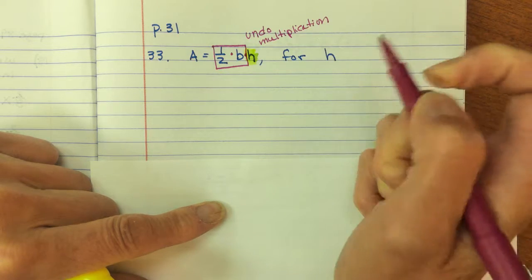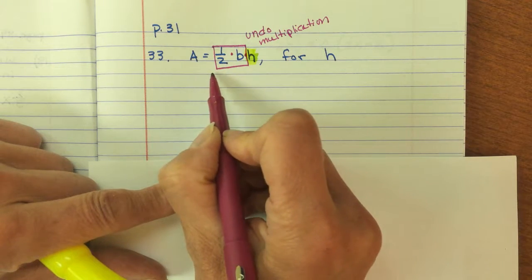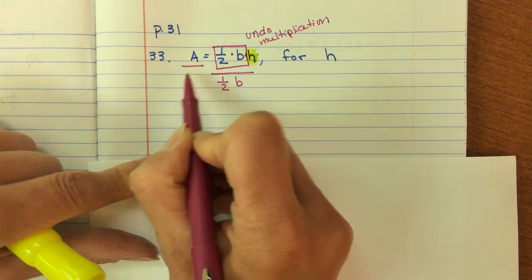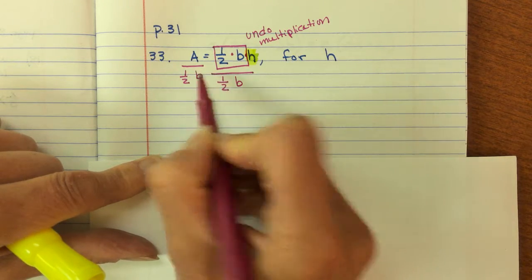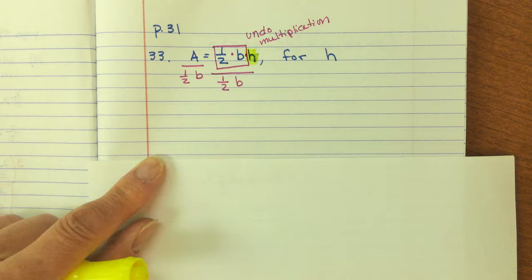Oftentimes students think, well, undo multiplication means divide. This is the problem now. If I were to divide like this, that's very ugly. I don't want to do that. I want to avoid doing things that are more complicated.